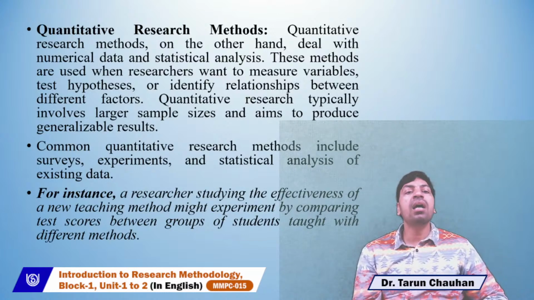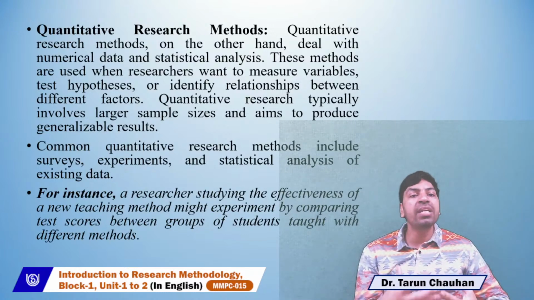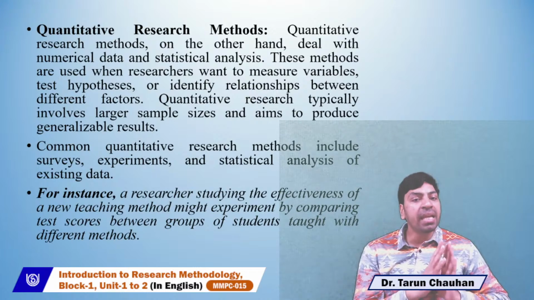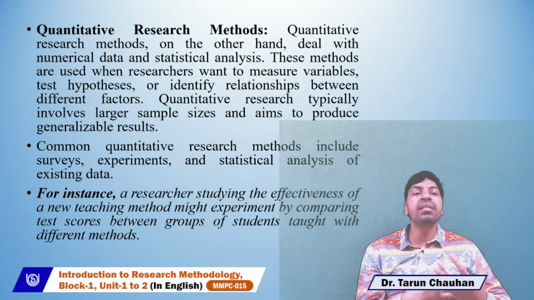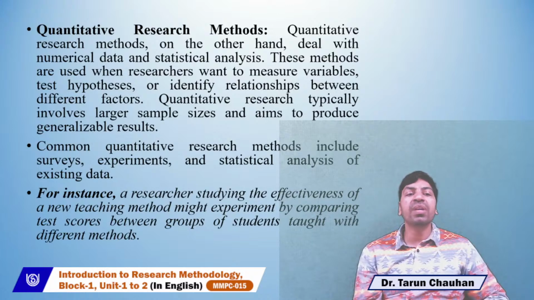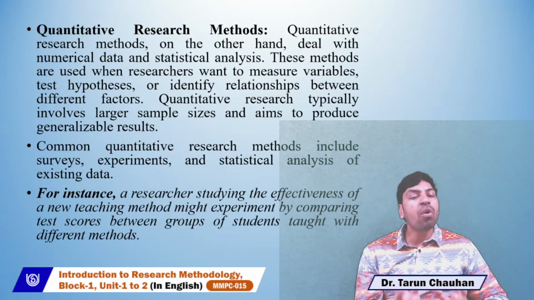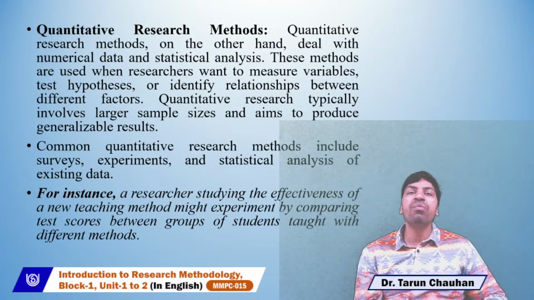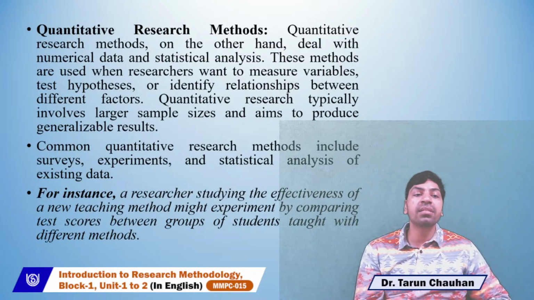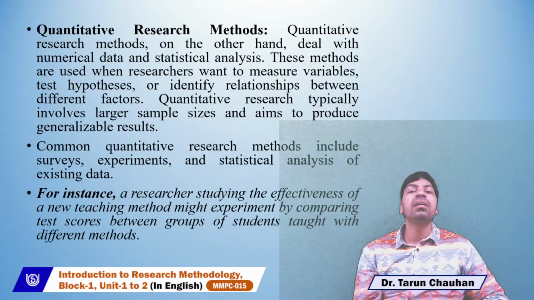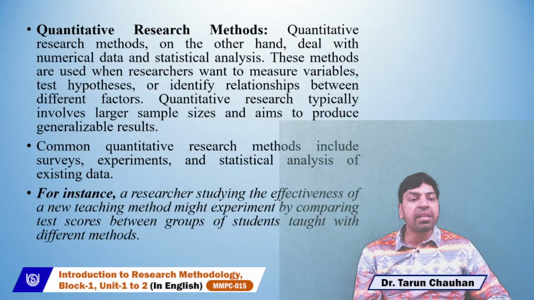These methods are used when a researcher needs to measure variables, test hypotheses, and identify relationships between different factors. Quantitative research typically involves larger sample sizes and aims to produce valid, generalizable results. Common quantitative research methods include surveys, experiments, and statistical analysis of existing data.